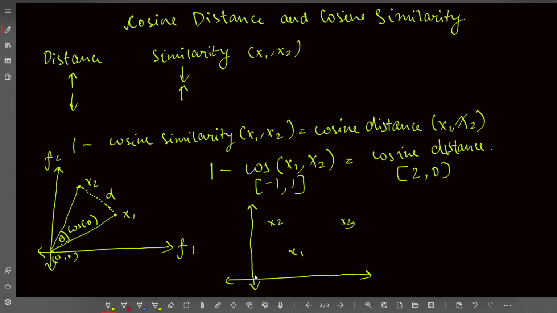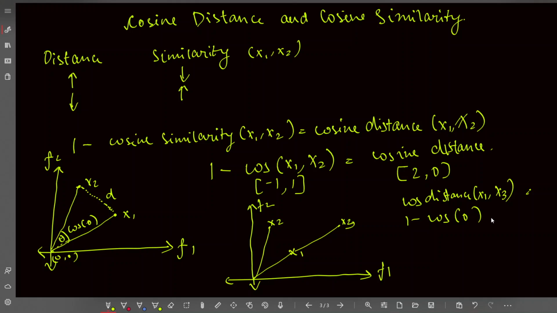Let's say I have 3 points. I have x1, another point x3 in the same straight line from the origin as x1, and then I have a point x2, right? This is feature 1, this is feature 2. The cosine distance for x1 and x3 is equal to 1 minus cos of 0.